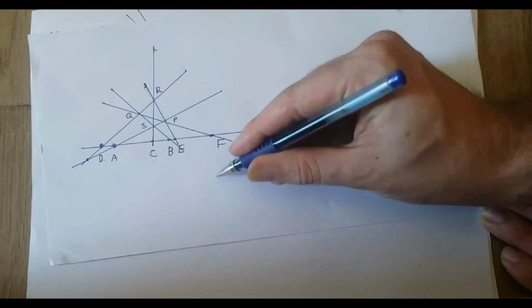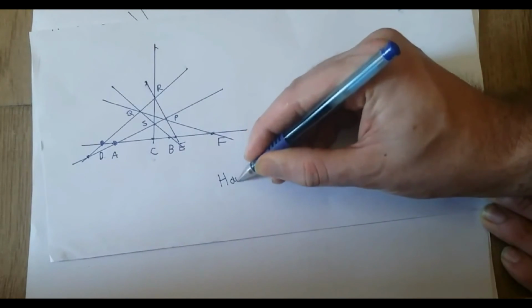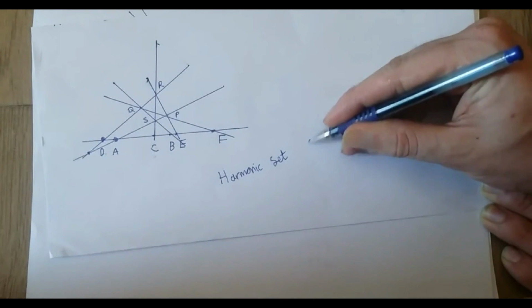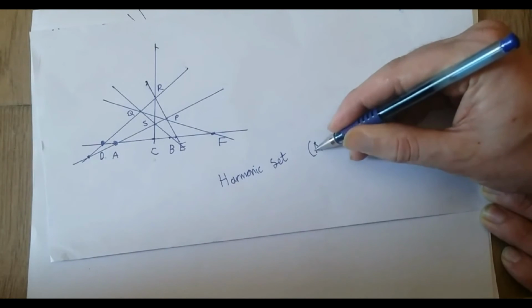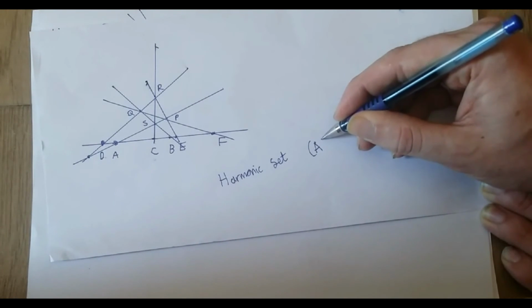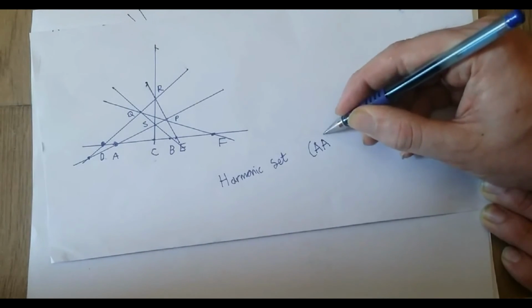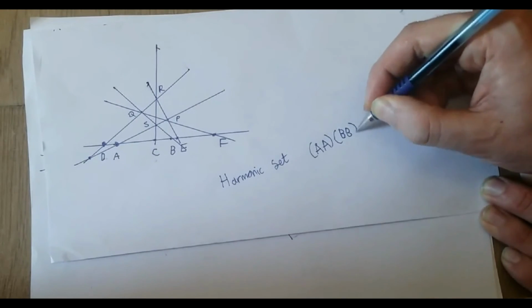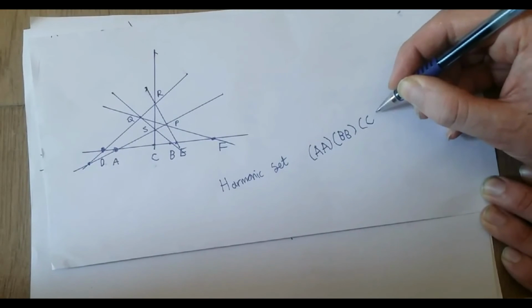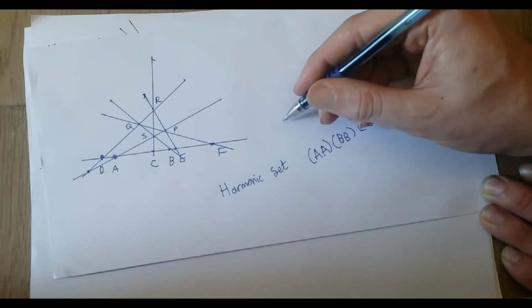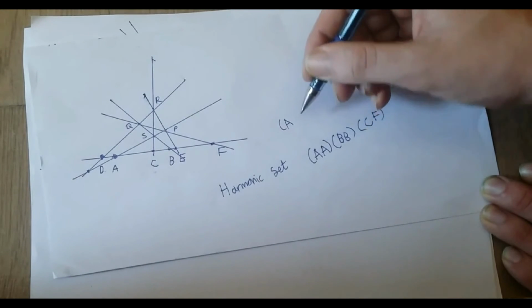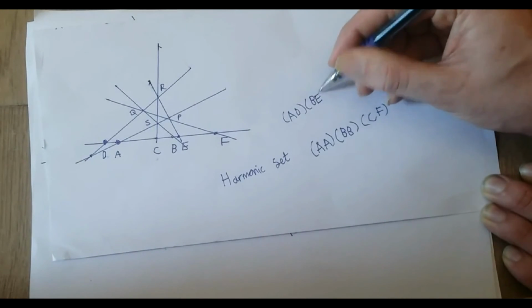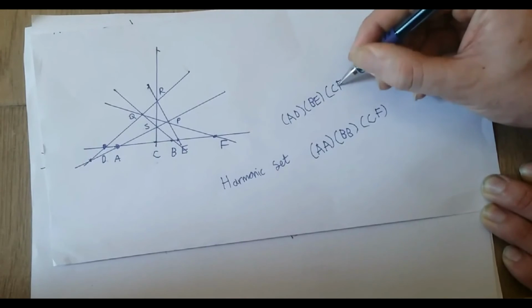So, in other words, a harmonic set is basically a quadrangular set where we have A equal to D and B equal to E. Remember that for an ordinary quadrangular set, we'd write it with the notation AD, BE, CF.